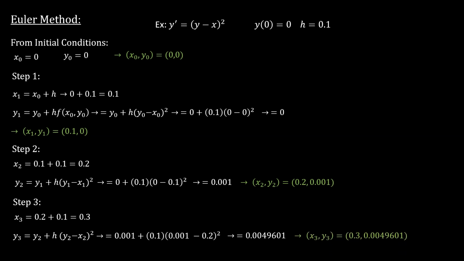So in coordinates, it's 0.3, comma, 0.0049601. Once again, I'm not truncating any of the numbers, but you guys can of course choose not to write all the like 10 decimals if they're that long.